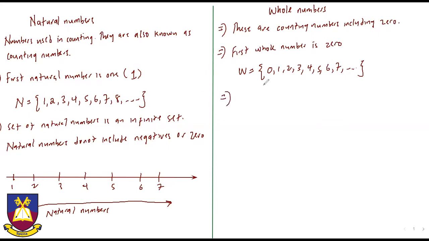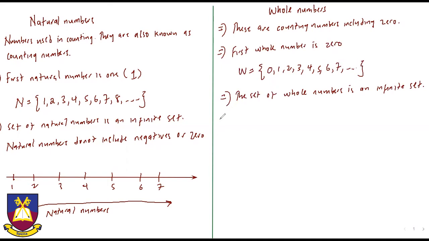Likewise, we can see that the numbers from 0 onwards are uncountable. So what that means is that the set of whole numbers is an infinite set. In other words, it contains an uncountable number of elements. These numbers go up to infinity.